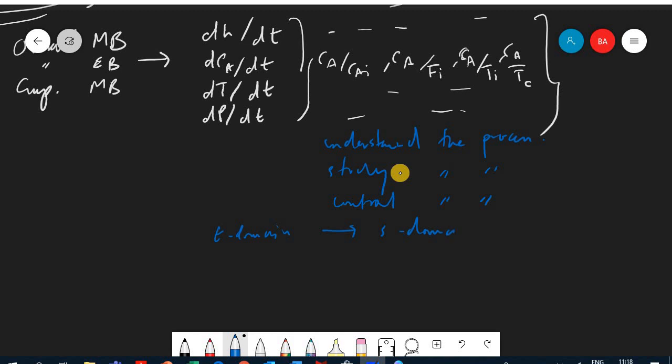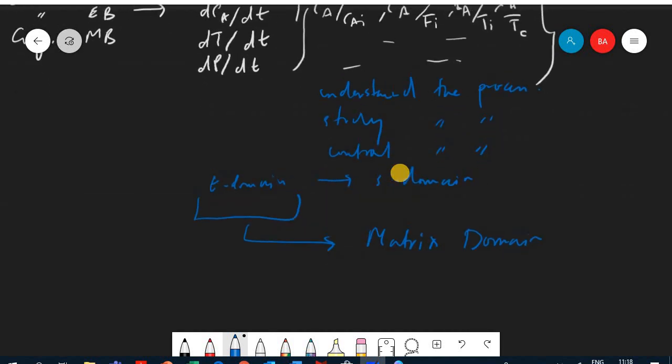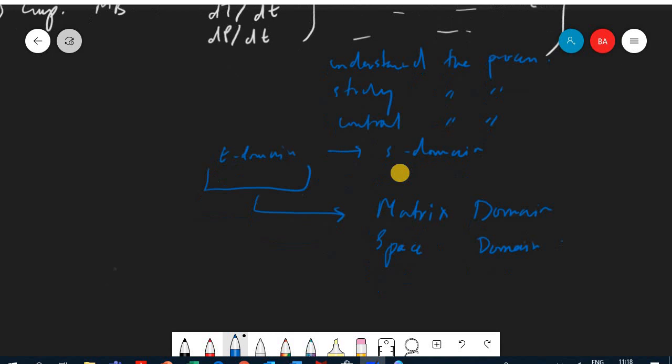Now, what you are trying to take here in state space modeling is that instead of representing this in the time domain, can I represent it in a matrix or state space model domain? It's like a matrix domain, a space domain, and this is where the name comes from.